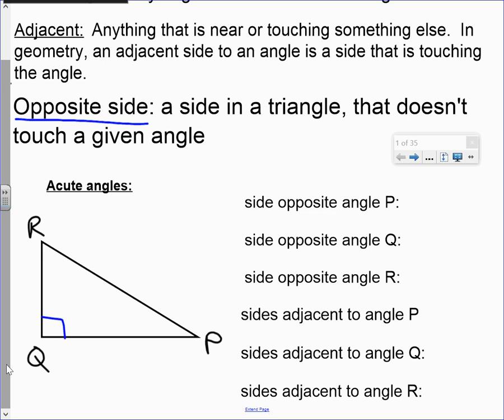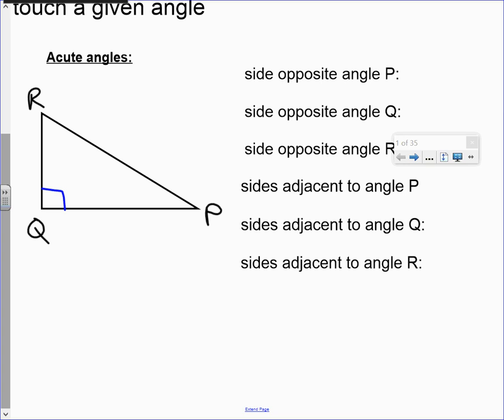All right, here we go. Look at this right triangle. How many angles does a right triangle have? 3. It wouldn't be a triangle unless it had 3 angles. Now, angle Q is a right angle. Angle R and angle P are going to be less than 90, so they'd be the acute angles.